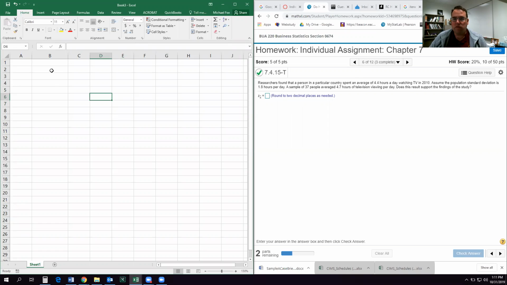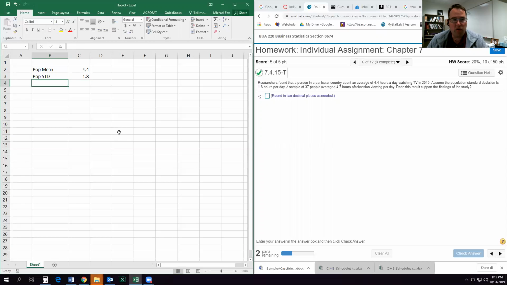So what we have to do is, again, start with what we know. We know that the population mean was 4.4 hours. We know that the population standard deviation is 1.8 hours.